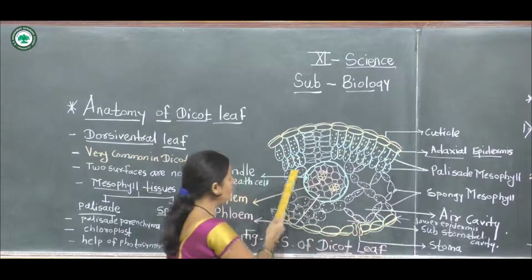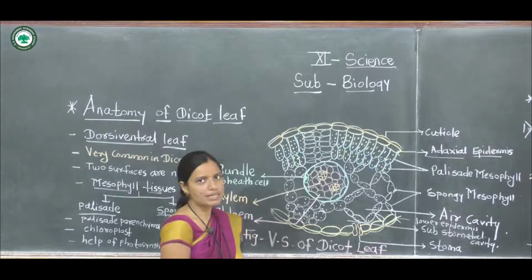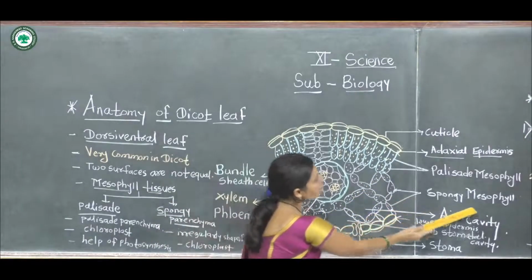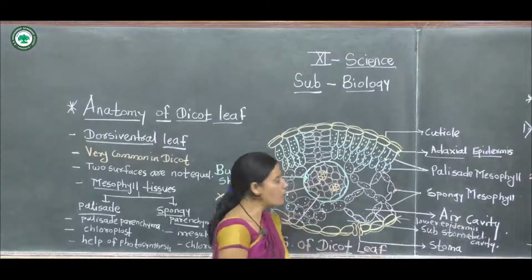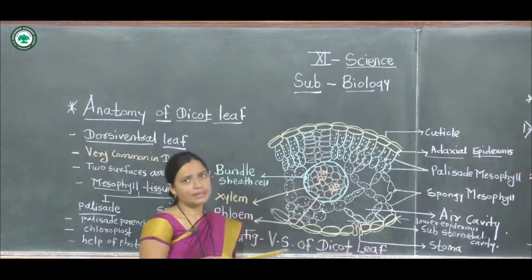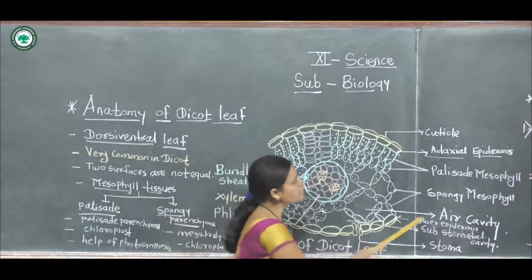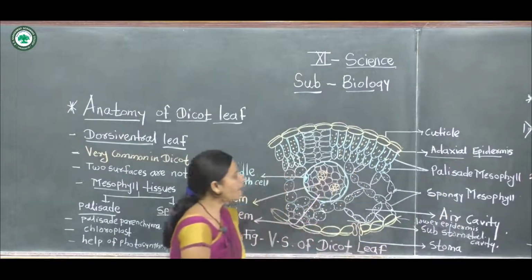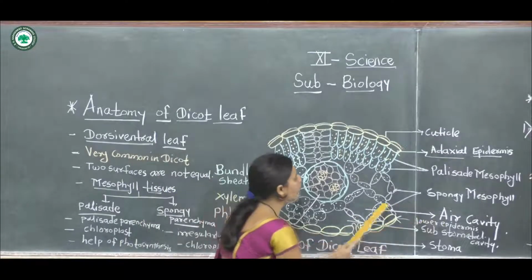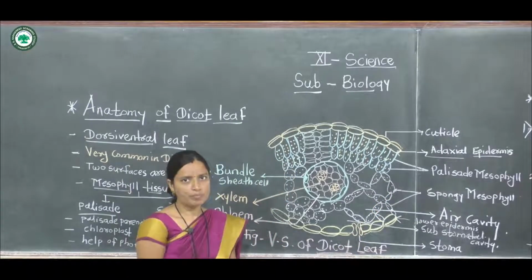The next layer below the palisade mesophyll cells is called the spongy mesophyll. These are the spongy cells. They are irregularly arranged in the internal leaf, and they have air cavities. Air space is found in these spongy mesophyll cells.